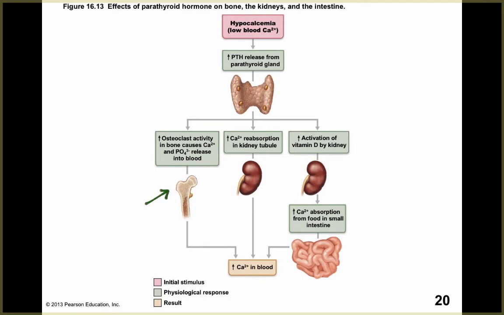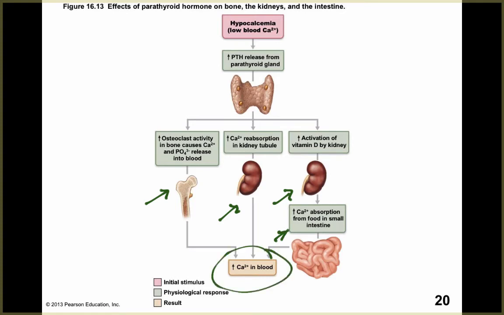It activates osteoclasts to start chomping away the calcium phosphate in the bones, and it's going to release calcium to help increase those levels, as well as phosphates. It helps increase the reabsorption of calcium in the kidney tubules, and an increased activation of vitamin D helps to increase calcium absorption from food in the small intestines.